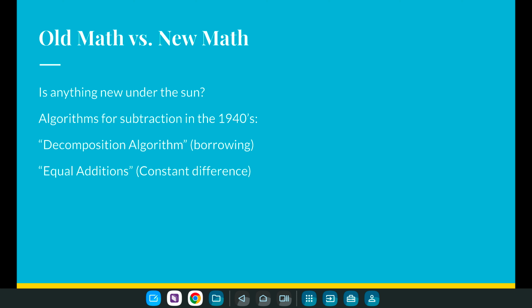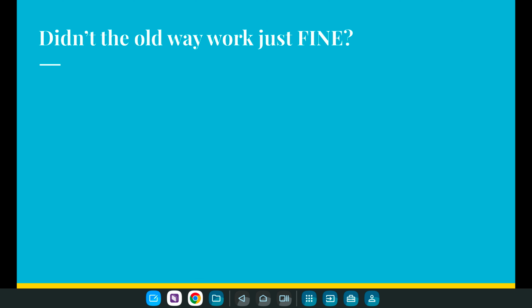So the decomposition algorithm, which is the one we know and love, we might call it borrowing. The equal additions algorithm, which is known as constant difference. And then there is the Austrian algorithm, which is really called counting back change, or starting at the small number and getting larger. And so these are all not new. These are from a long time ago.